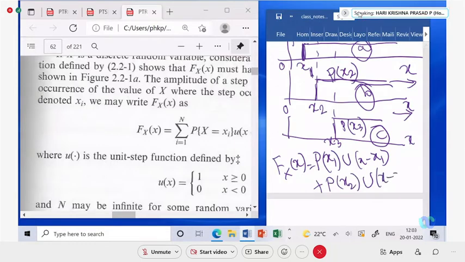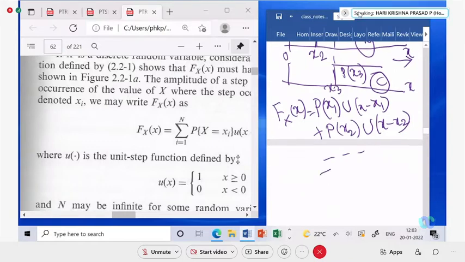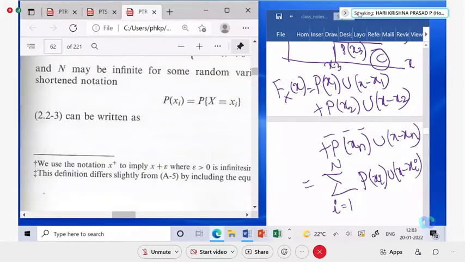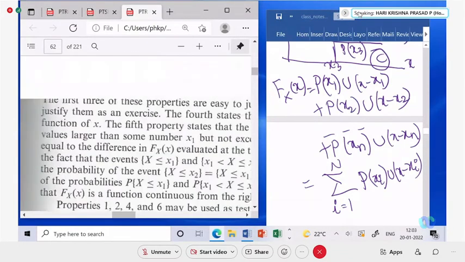So I need to add up all these step functions to get the given distribution function. That is nothing but summation over all these products, x minus xi, where i is running from 1 to n. Is it clear? That is what is written in this figure expression.